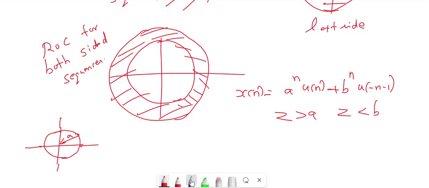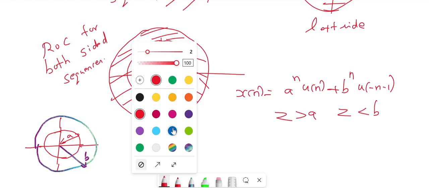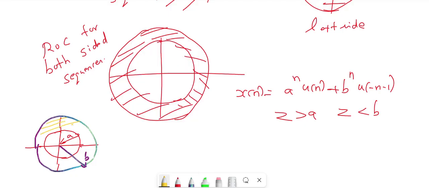The other one is z less than b. The ROC will be this. This is the ROC.